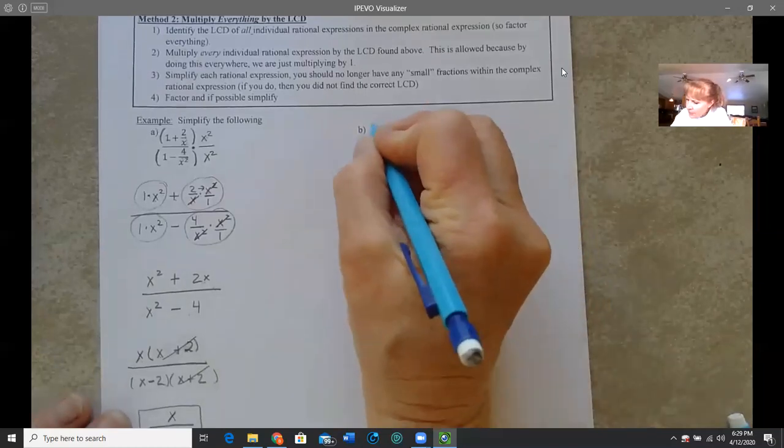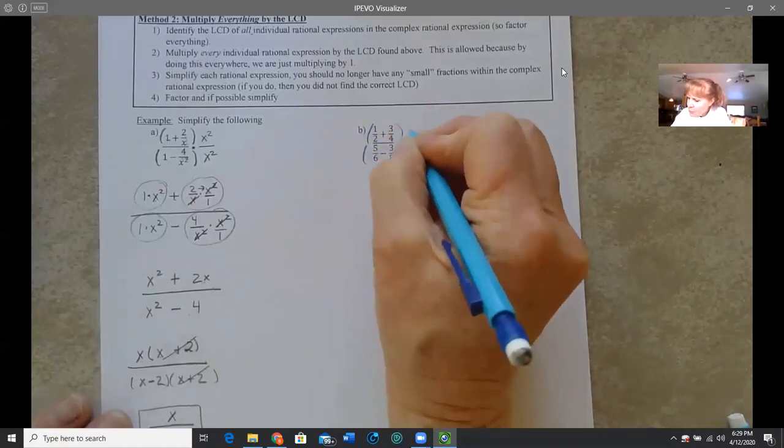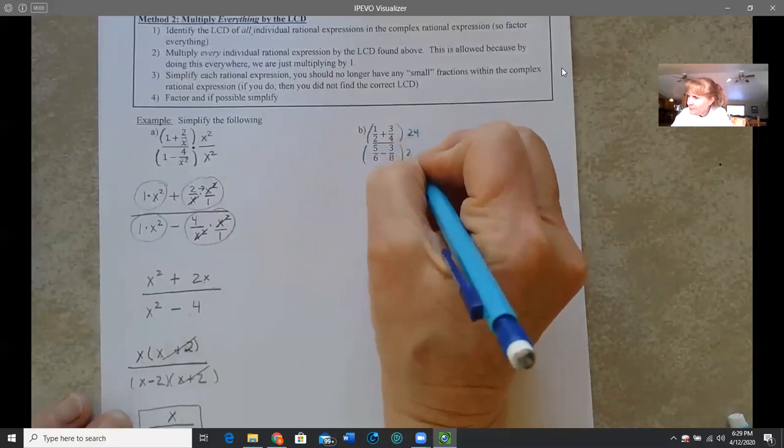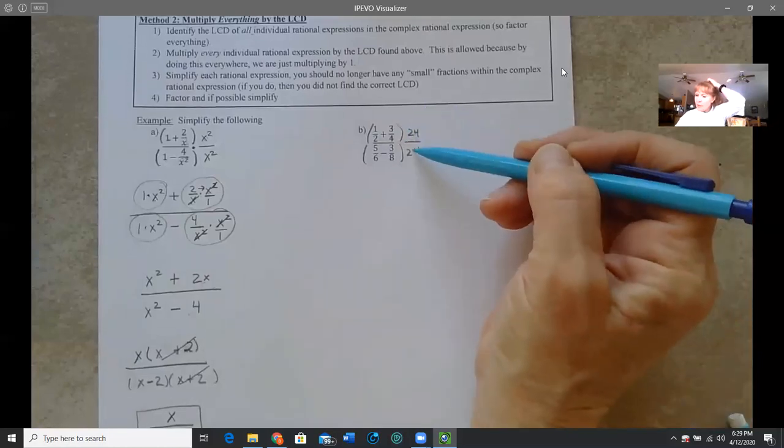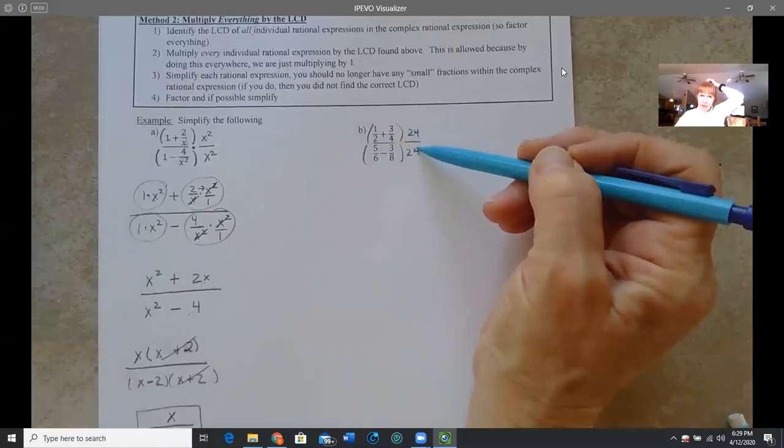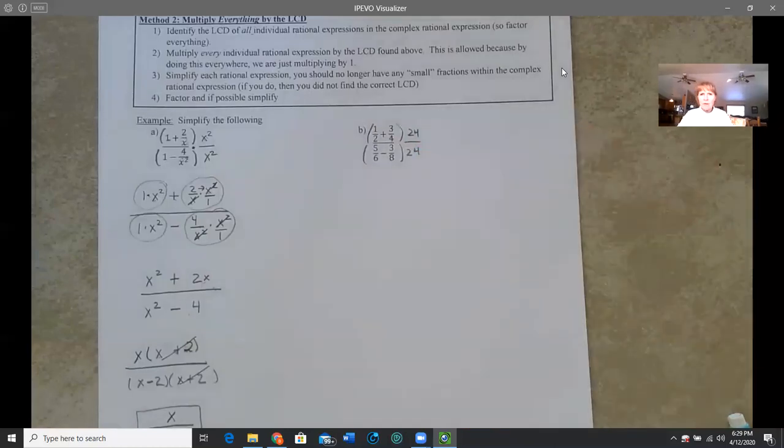So 24 is going to be our least common denominator. So I'm going to multiply by 24 over 24. Again, you can multiply anything by the number 1 and not change its value. So we're just trying to rearrange it so that it's easier to solve.